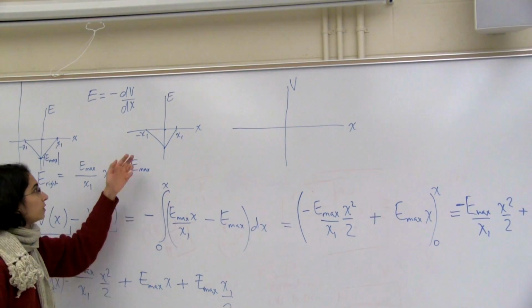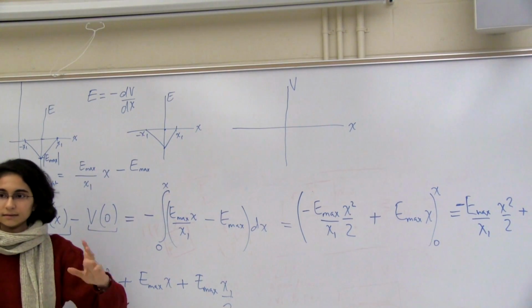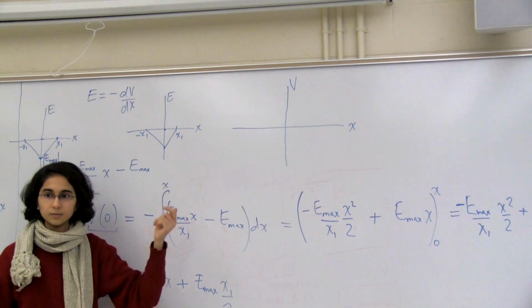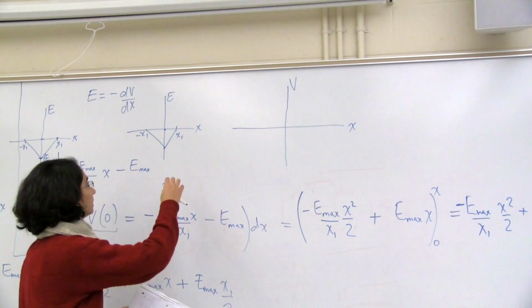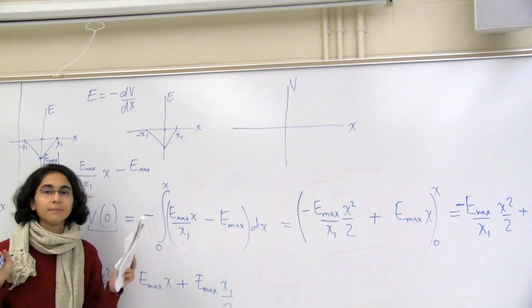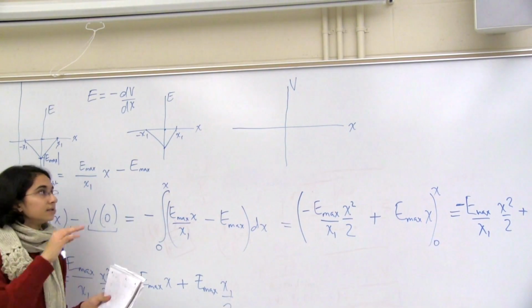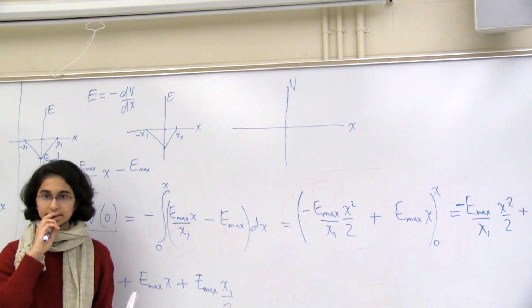Yeah. And I want to look at the negative of that. So my V is going to be the positive part, right? So my E is increasing, so the magnitude of my E is increasing, so my slope of V is increasing. Does that make sense?